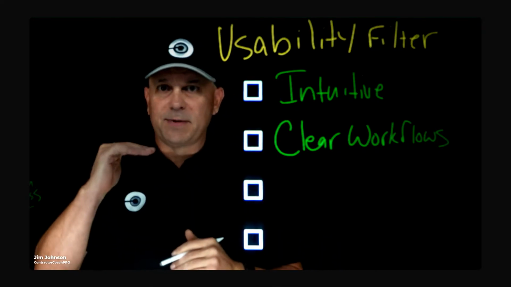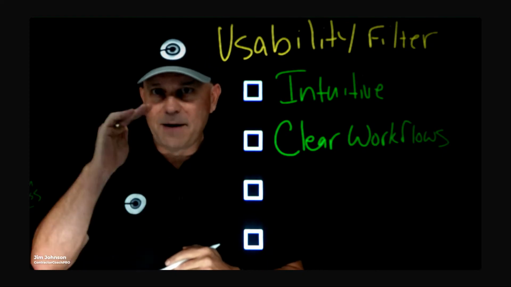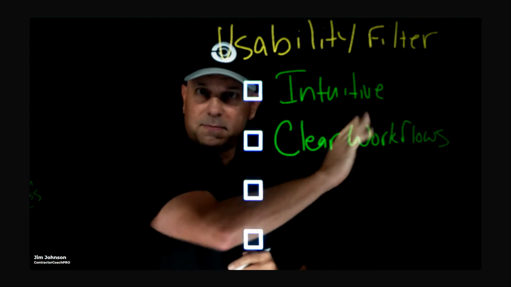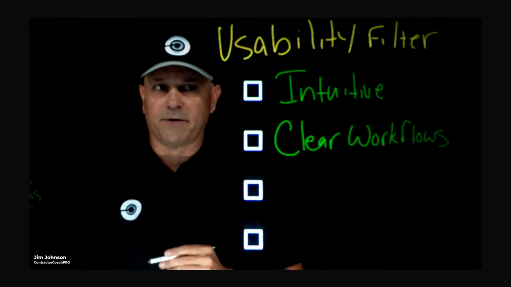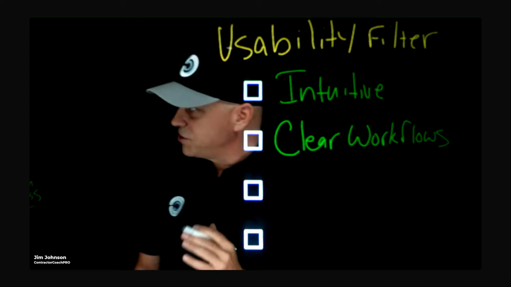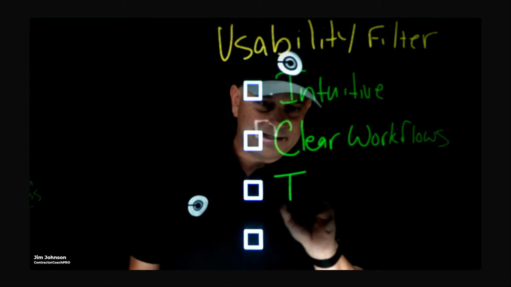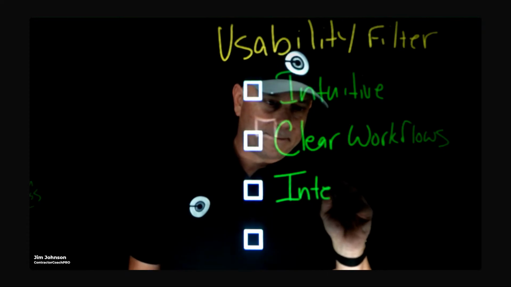But if you're doing business that is very similar workflows, like roofing and fencing, well, I could buy one that has a very clear boom, boom, boom. This is what we should do in our workflow. So think clear workflows.